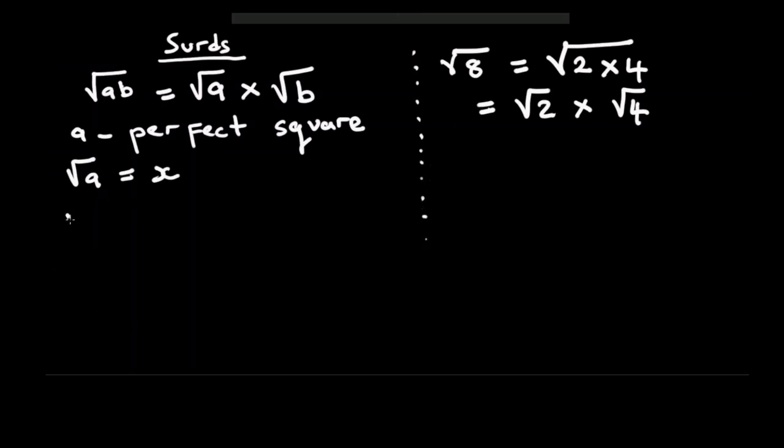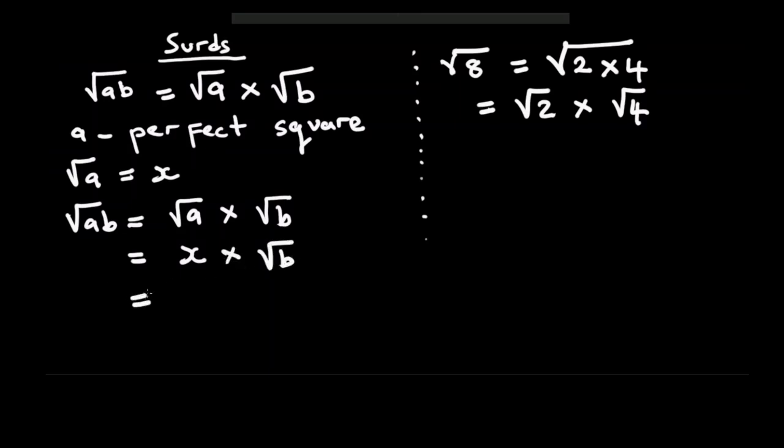So root of AB, which we expressed as root of A times root of B, will then become, we replace root of A with x, so x times root of B, it becomes x root B. We can do the same here.